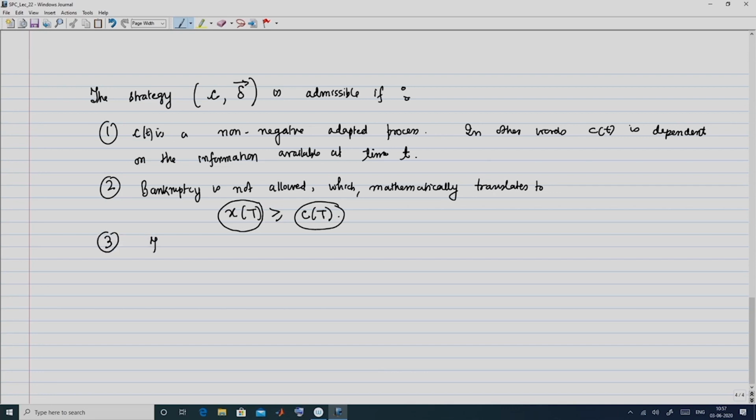And thirdly, the self-financing condition is given by the following. So, let us look at time t.